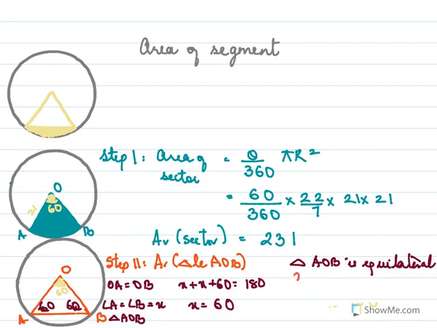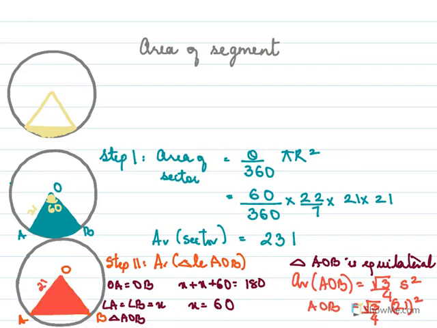And for an equilateral triangle, the area can be directly found. So for triangle AOB, we use the formula root 3 by 4 side square. The side of this triangle is the radius, which is 21. So this is root 3 by 4, 21 square. This is the area of AOB.